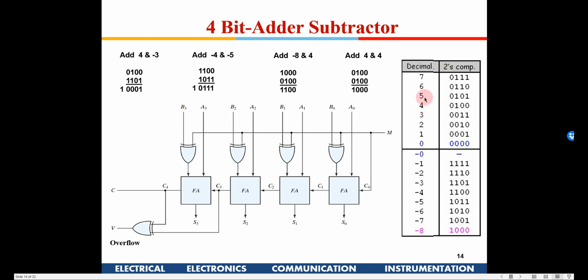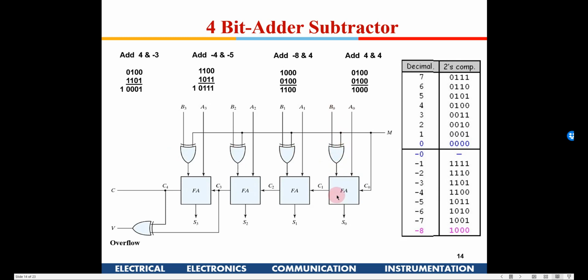Okay, now let's take some examples here. How is the adder subtractor implemented with full adders? I have A0, B0, and this is the control line which is coming. What does the control line do? If M is equal to 0, then in an XOR gate, if one input is 0, what is the output?